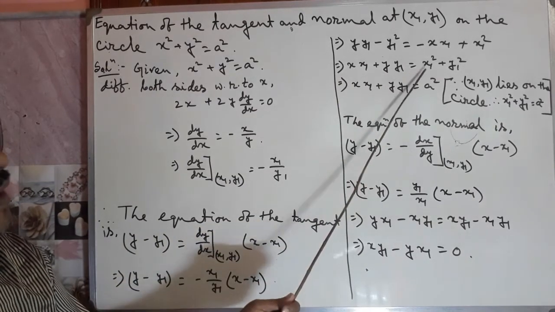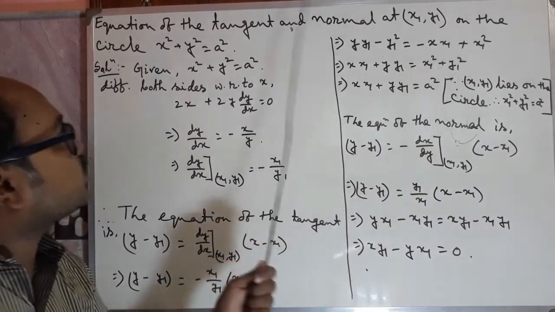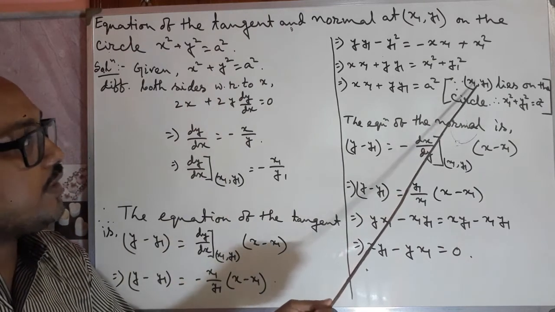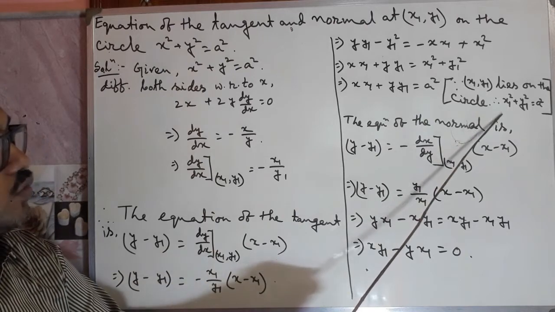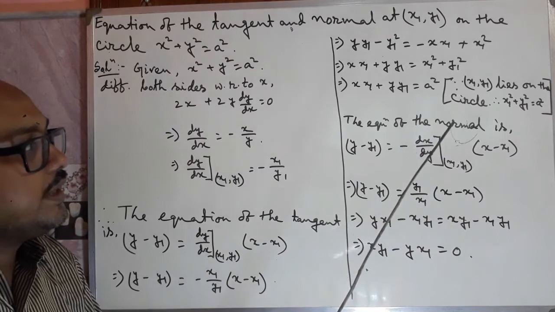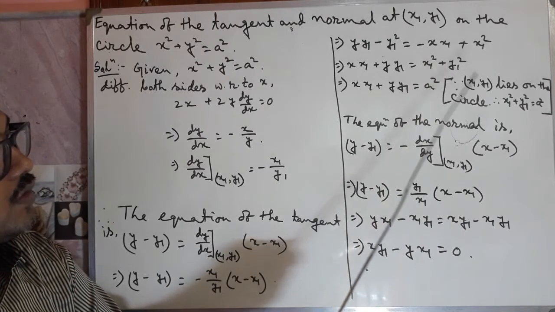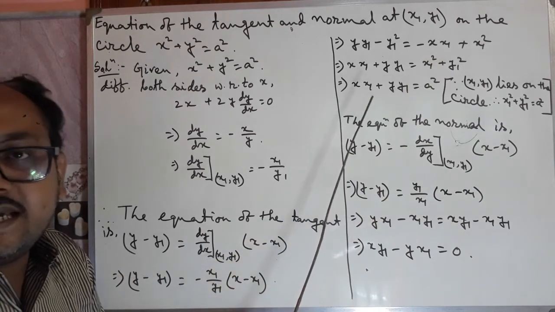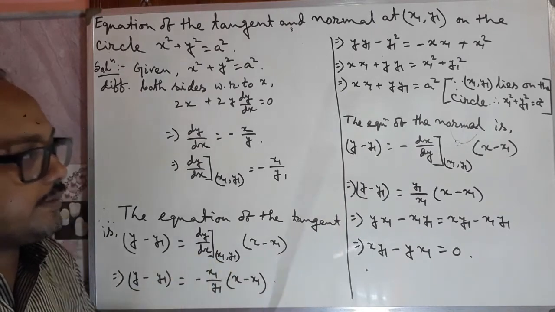Now this point x1, y1 lies on the circle x square plus y square is equal to a square, so it satisfies the equation of the circle, that means x1 square plus y1 square is equal to a square. Putting this, we get the equation of the tangent, x x1 plus y y1 is equal to a square.